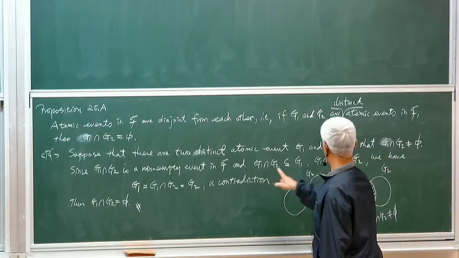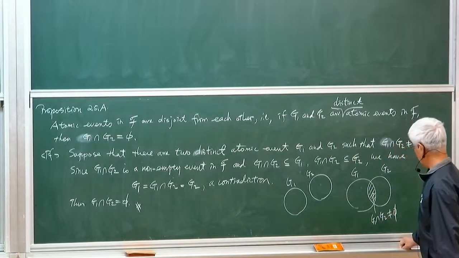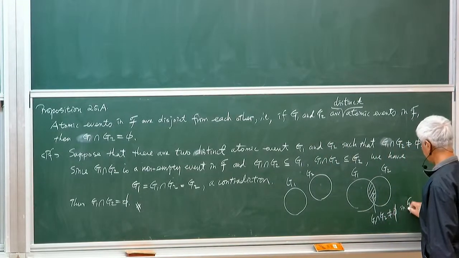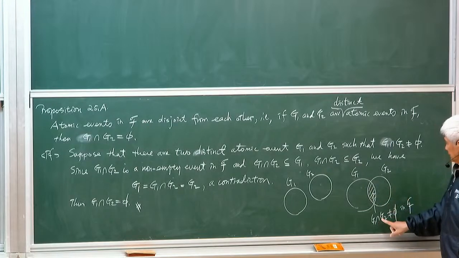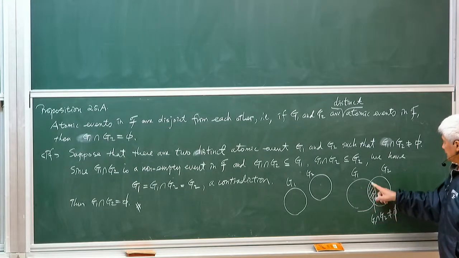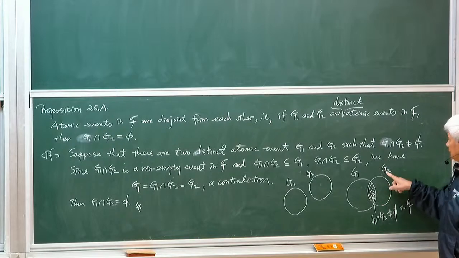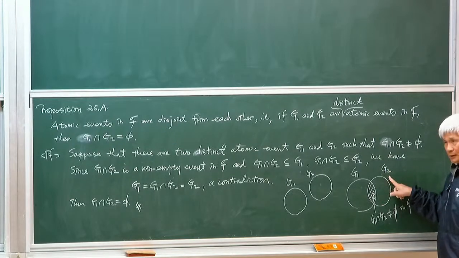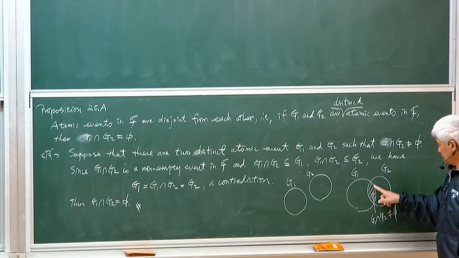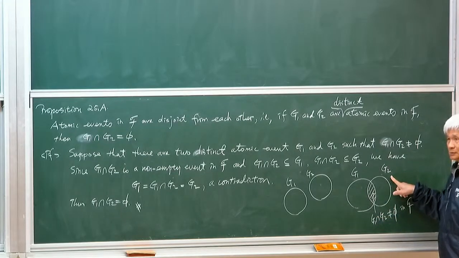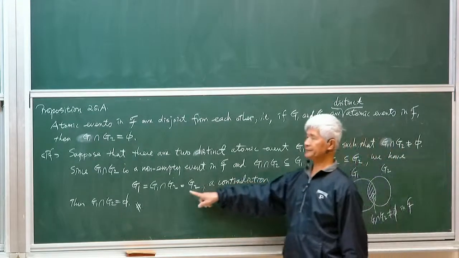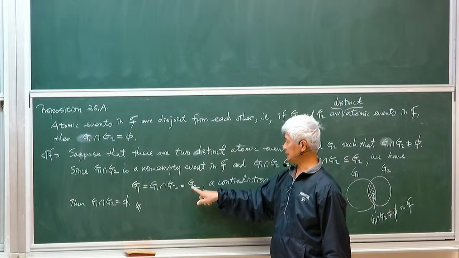So now G1 intersect G2 is in F. It is non-empty, and it is a subset of G2 because G2 is minimal, so G1 intersect G2 must be equal to G2 by minimality of G2.